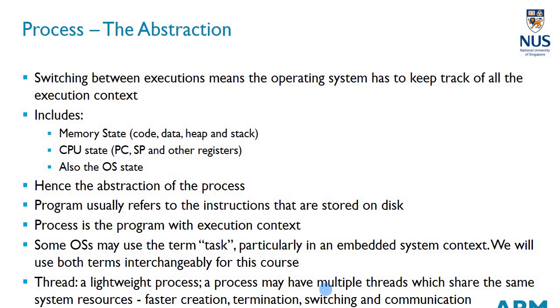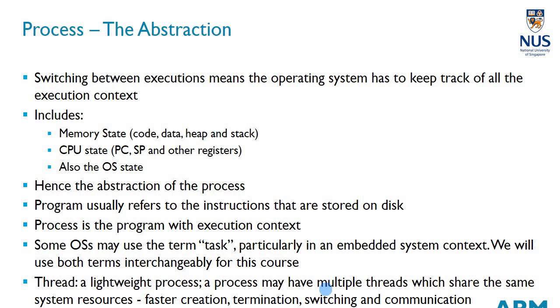Since I can have multiple processes, and all of them need to be allocated some form of resources, some form of CPU time, when I'm switching between processes, I need to be able to keep track of what is happening.